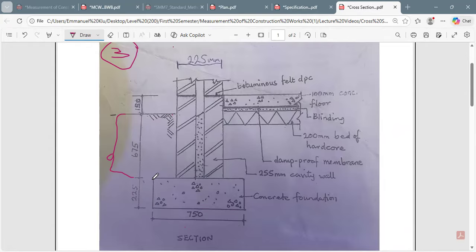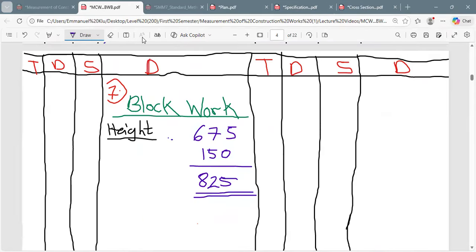So you see, the 675 plus this 150 over here, the thickness of the topsoil excavation, which is giving us the answer we are getting over there. That is the 825. That is the height of the block wall. So I believe you know how we calculated for it.